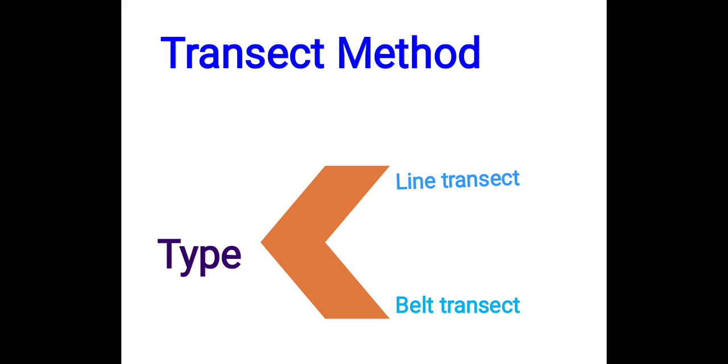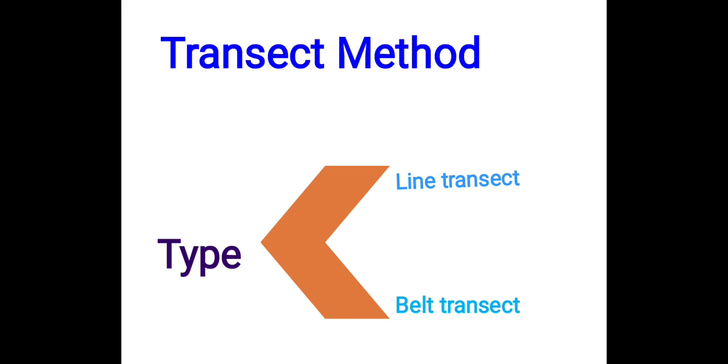In other words, the transect is a cross section of an area used as a sample for recording and studying vegetation. The transect method is used in determining and understanding the gradual changes in abundance, dominance, frequency, and distribution of different species in the transitional region.